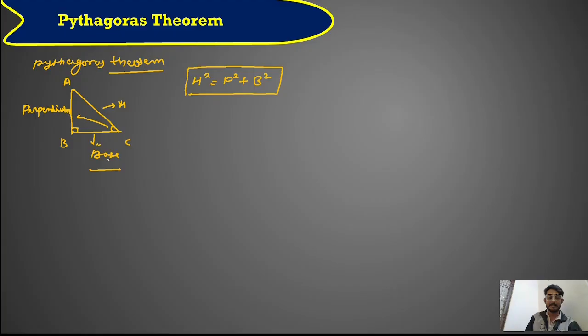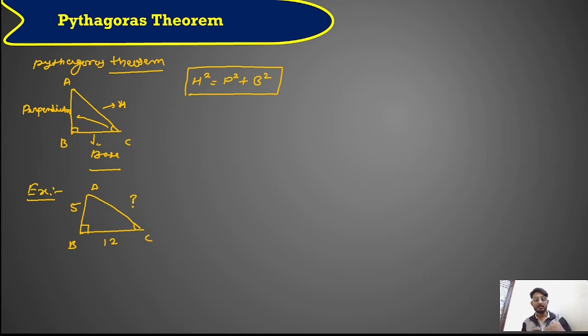Let's take an example where in triangle ABC, AB is 5 centimeter, BC is 12 centimeter, angle B is 90 degrees, the angle is formed at C, and you have to find AC. From this formula, as you know, the side opposite to the 90-degree angle, the side opposite to the right angle, is known as hypotenuse.